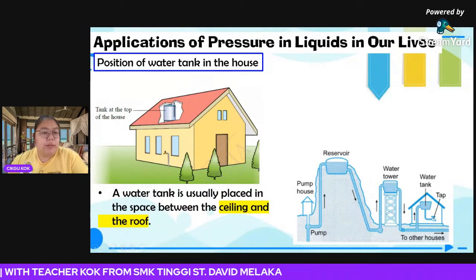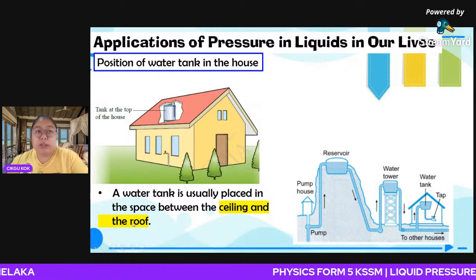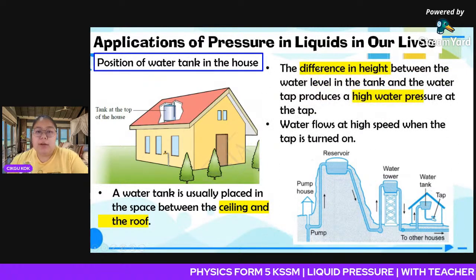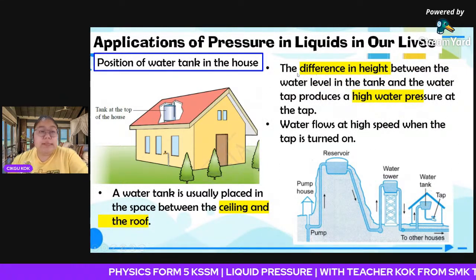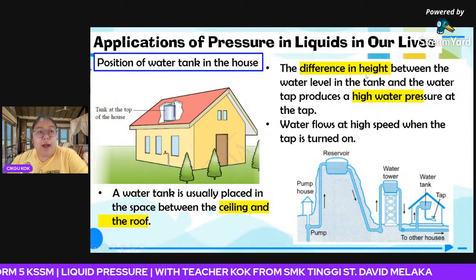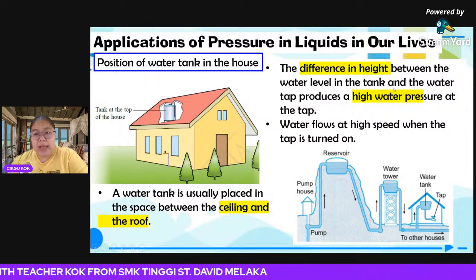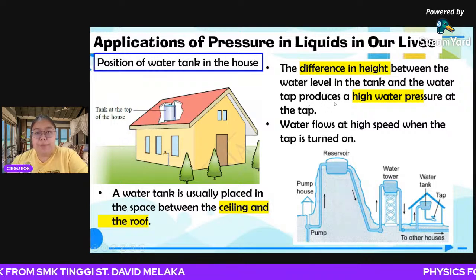The water tank is usually placed in the space between the ceiling and the roof. Why do we want to put it at the top? This is the reason: because we want to create a big difference in height between the water level in the tank and the water tap, to produce a high water pressure at the tap.